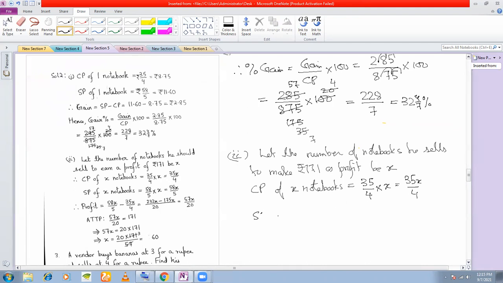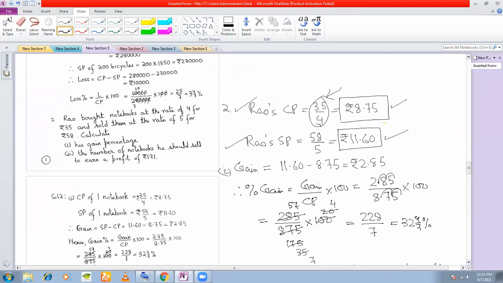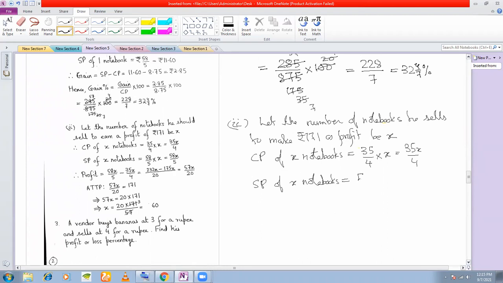What is the selling price of X notebooks? How much is he selling each notebook for? 58 by 5. So X notebooks he will sell for 58X by 5.